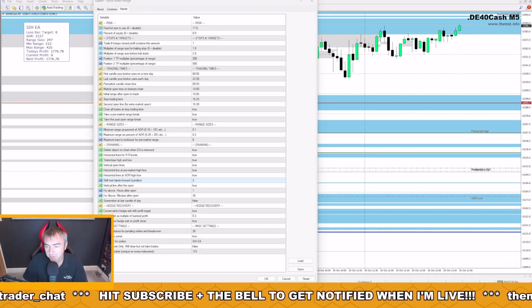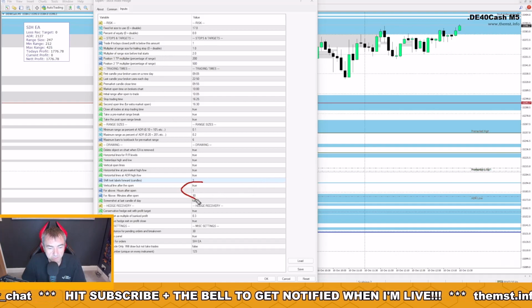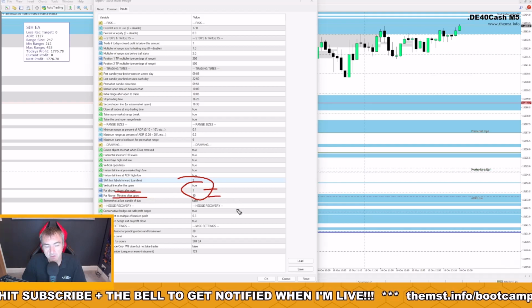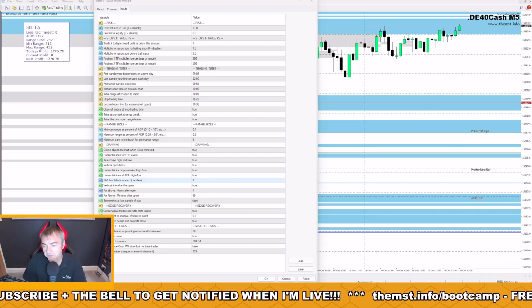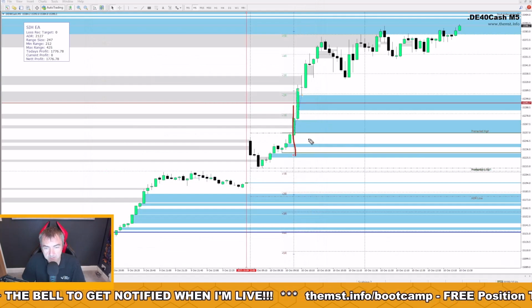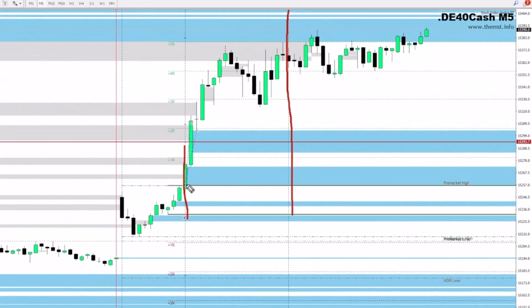So what this allows you to do is plot a second line on the chart, and you can set how many hours and minutes after the open you want that line to be plotted. I've got it set to 1.5 hours. So this is the open, and this secondary line that you see here is 1.5 hours into the market. As you can see, we rallied up hard, pulled back, pushed up, and now we're just sitting around.